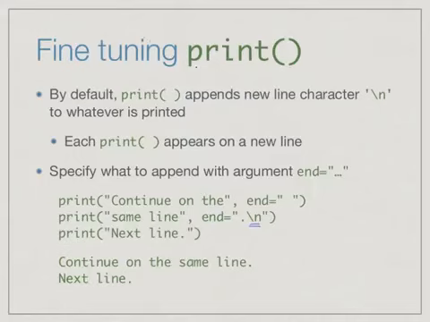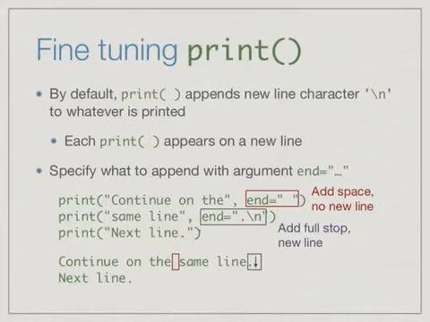So if we break this up and see what happens here, we see that in the first statement we had this end which says insert a space. And this is why we get a space between the word "the" in the first line and the word "same" coming from the second line. Otherwise, "the" and "same" would have been fused together as a single word. Right? So end equal to space is effectively separating this print from the next print by a space.